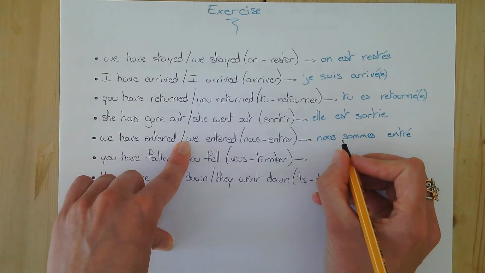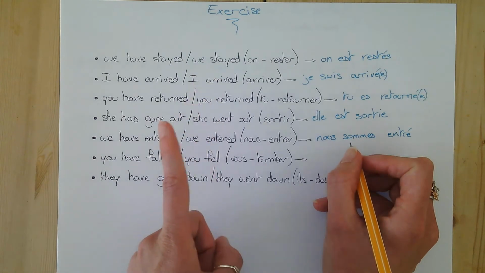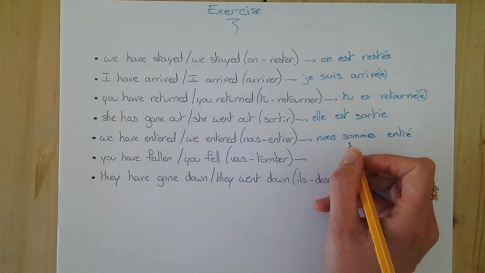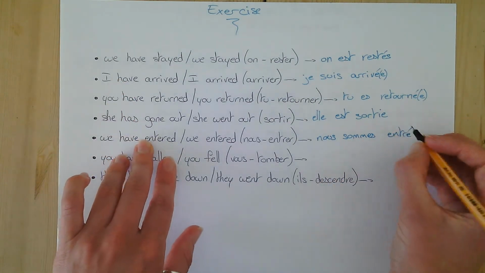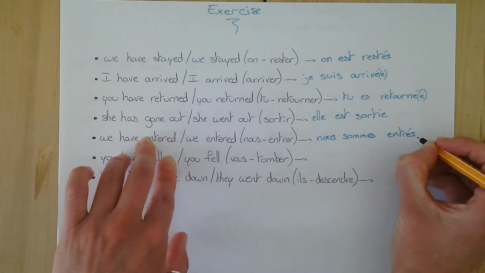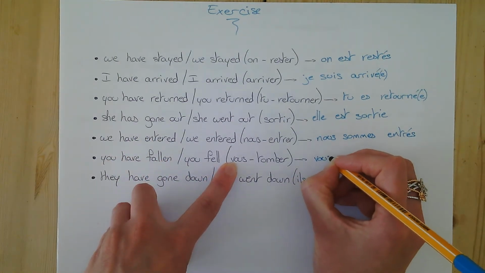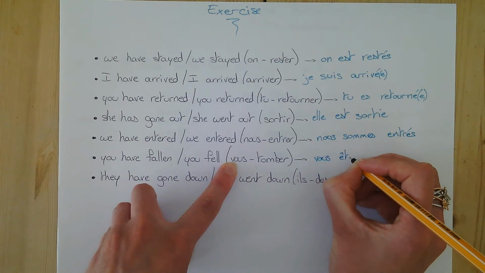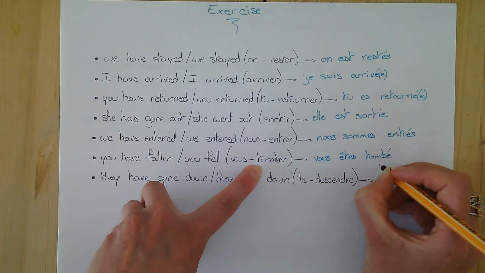If you're talking about a group of people, as long as there's one single guy in the group, it's masculine. But if there's only girls, it's feminine. So if it's only girls, ES. If it's boys and girls, S, which is what I'm going to do. You have fallen. So you are. Take off the ER, E accent.